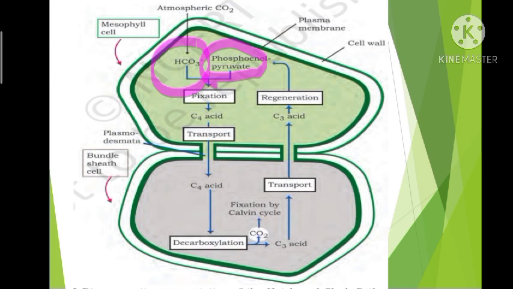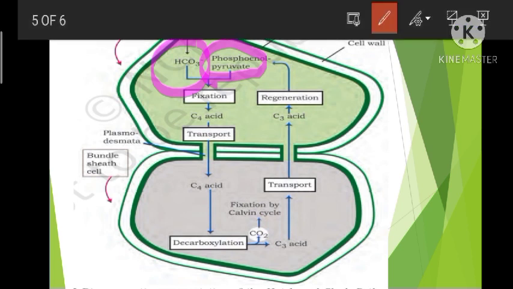Okay, phosphoenol pyruvate carboxylase helps in the fixing of carbon dioxide, that is in the form of bicarbonate with the phosphoenol pyruvate. As a result, what is formed? A C4 acid is formed. What is that C4 acid? The C4 acid is nothing but oxaloacetic acid, OAA.